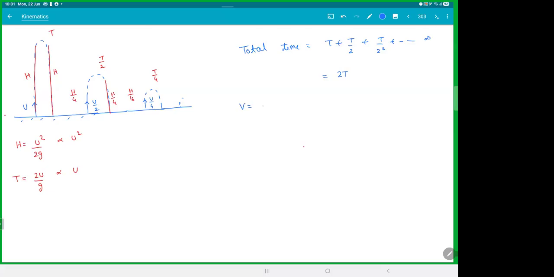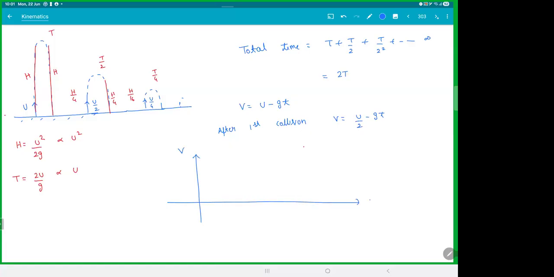And second thing, we can clearly see the graph. Initially V is equal to U minus GT. After collision, the graph is V equal to U by 2 minus GT. So all these are straight lines with a negative slope, and the graph should end at 2t.